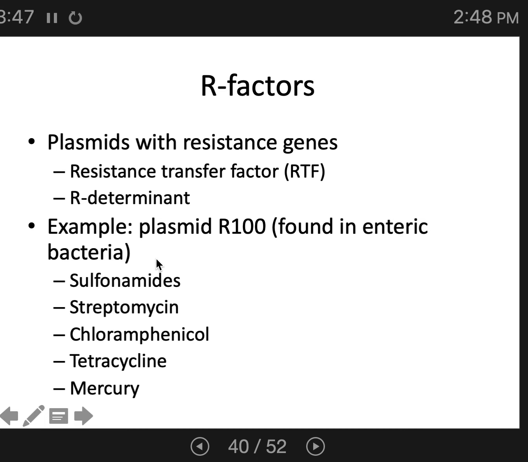That gives the pathogen resistance to all of these things. And it turns out studies now show that the greatest reservoir of antibiotic resistance genes for pathogens is the good bacteria in your gut. That's usually where the pathogens are getting those genes.